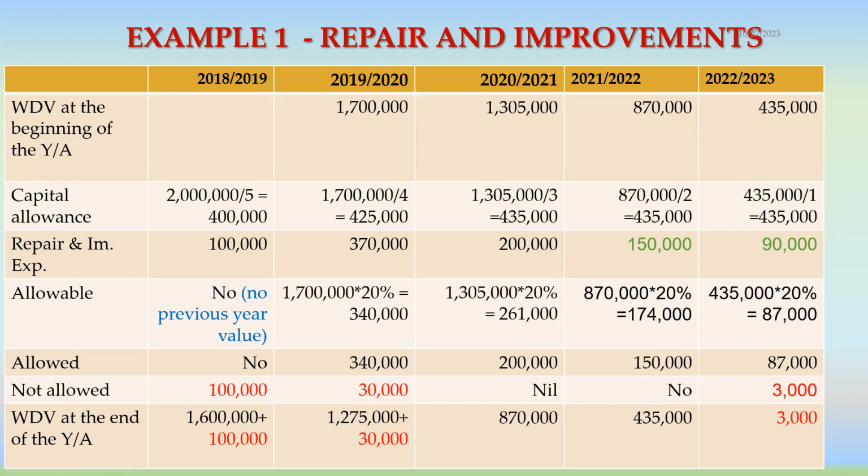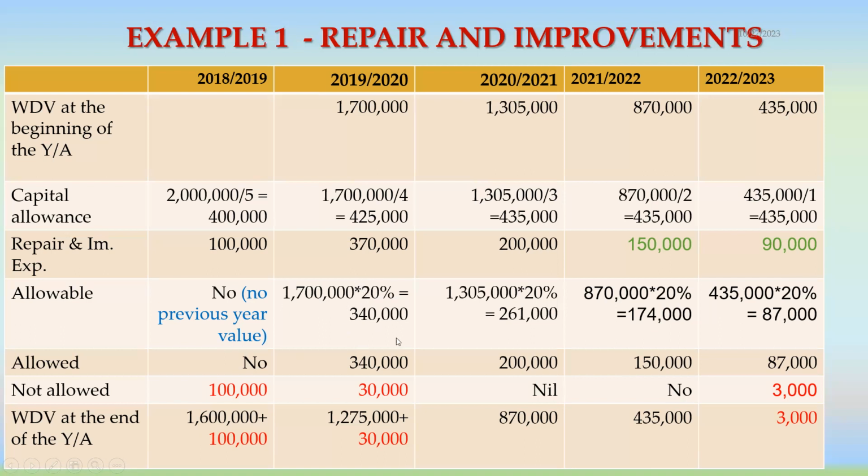Now we can apply the formula. The formula is 20% of the previous year written down value. So the written down value at the end of the previous year of assessment is 1,700,000. We multiply 1,700,000 by 20%.